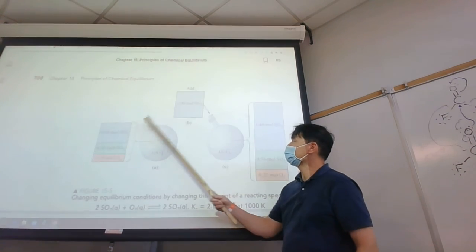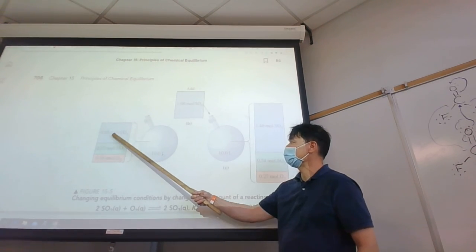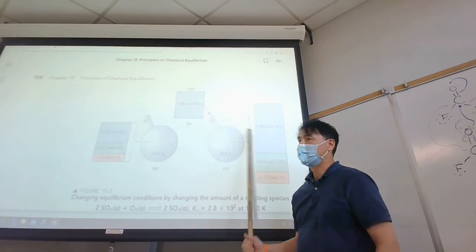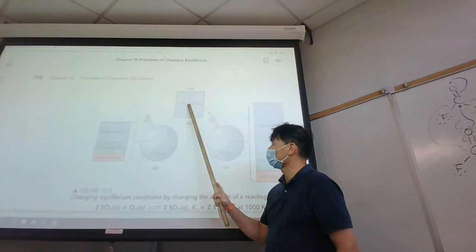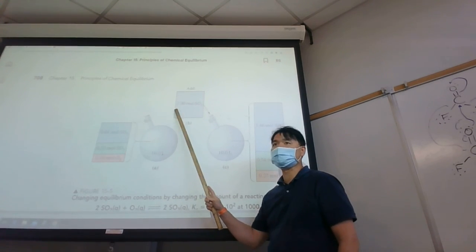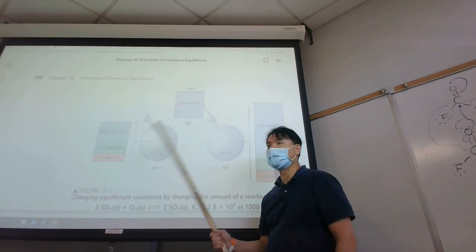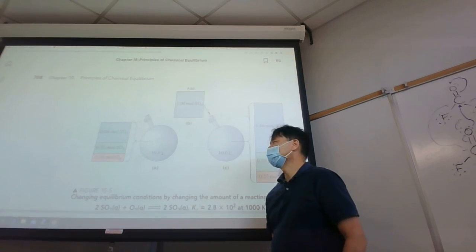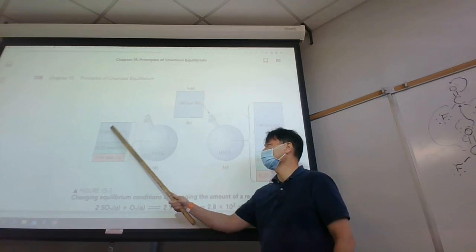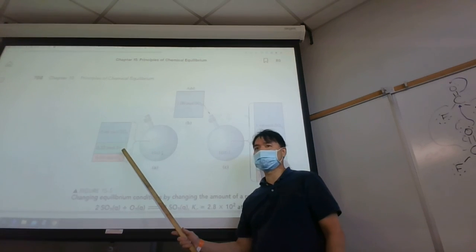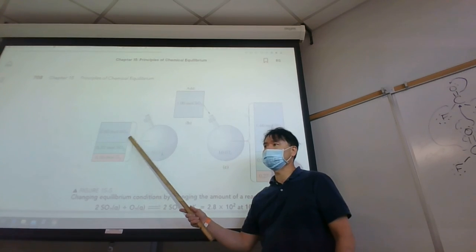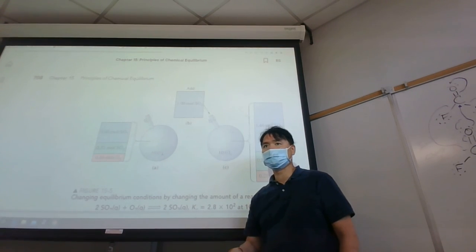If you compare it to SO3 initial, then yes, we do see an increase because it went from 0.68 to 1.46. But if you compare it to SO3 after addition, which is 1.68, then the SO3 actually goes down and the other two go up. It depends on what they're using as a reference point. If you're referencing the original equilibrium, then yes, everything goes up. If you're referencing after the addition of SO3, then no, SO3 is going to go down.